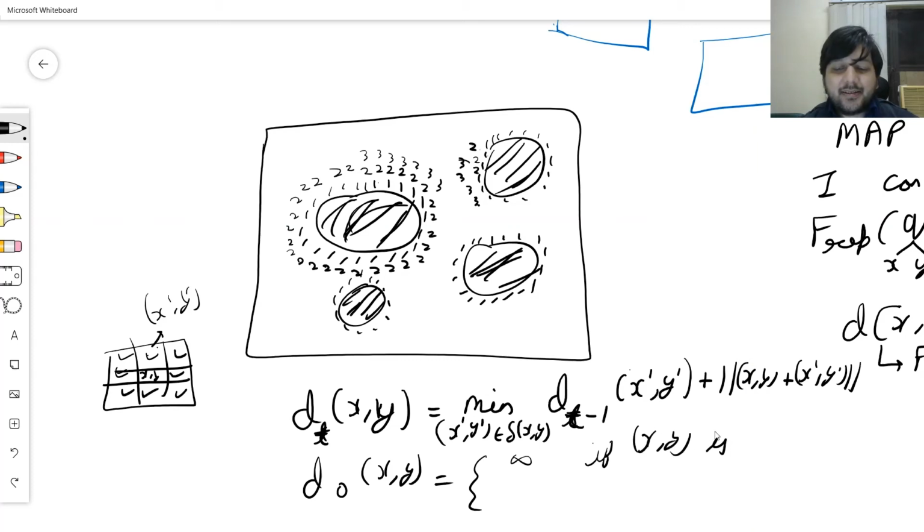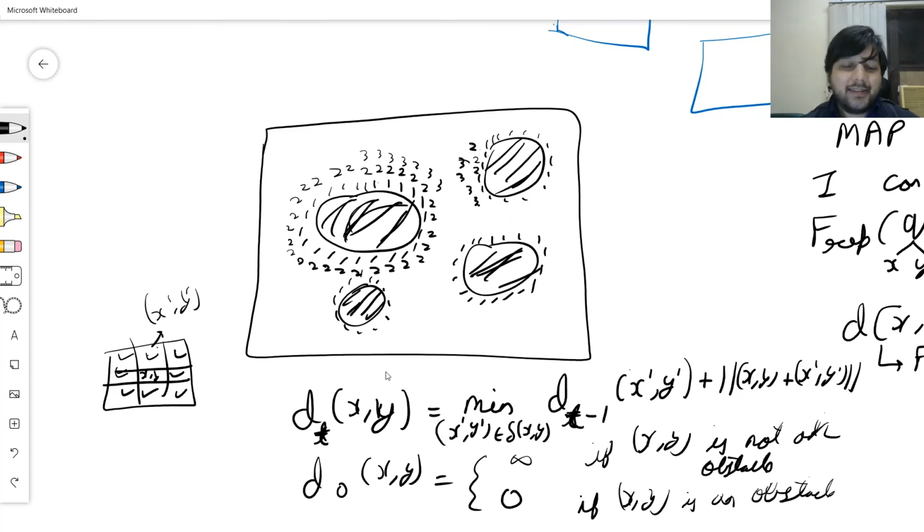And of course it's recursion, so d of 0 x of y is equal to infinity if xy is not an obstacle, and 0 if xy is an obstacle, and this only holds good for non-obstacle.